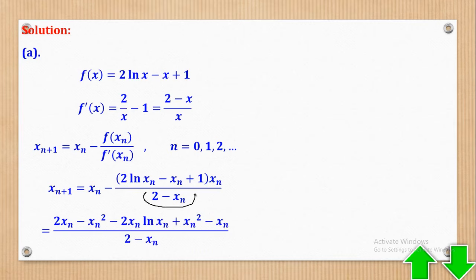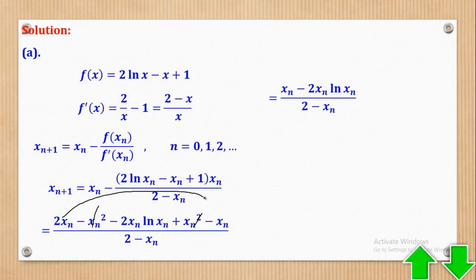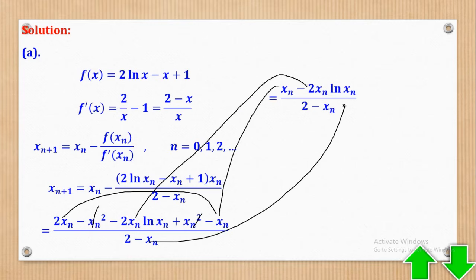So the LCM is this. After that I collect like terms. When I collect like terms, you realize that this and this cancel. Then this with this, you remain with 1 xn, which is that. Then the whole of this remains, which is that. The denominator, the whole of it remains, which is that.